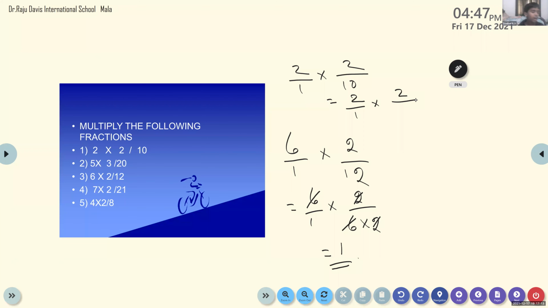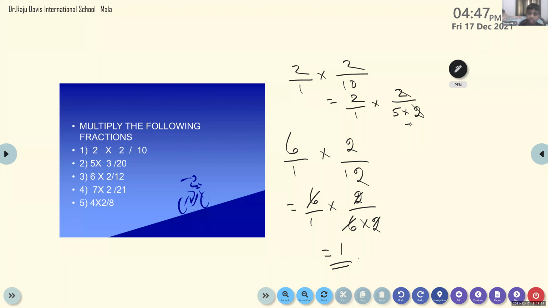So we write 5 into 2 by 5 into 2, right? Now which will get cancelled? 2 and 2. We got 2 by 5 into 2.